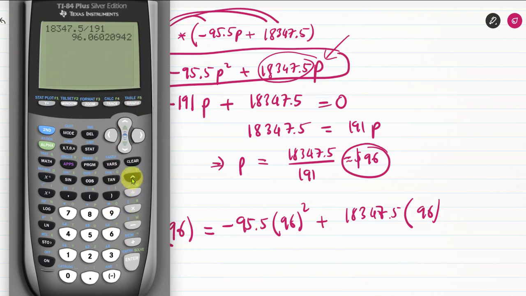So I used my calculator again. 96 squared multiply minus 95.5, and then I add to 96 multiply 18347.5. Right, we just plug in the revenue equation and I get 881232.